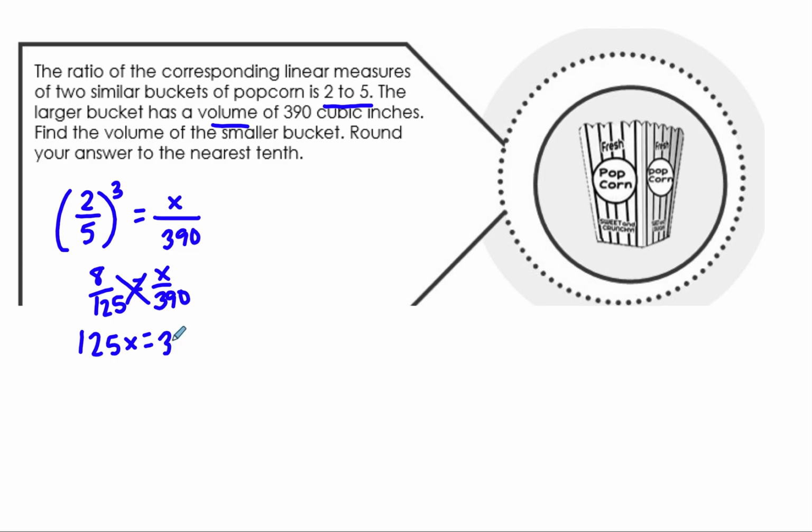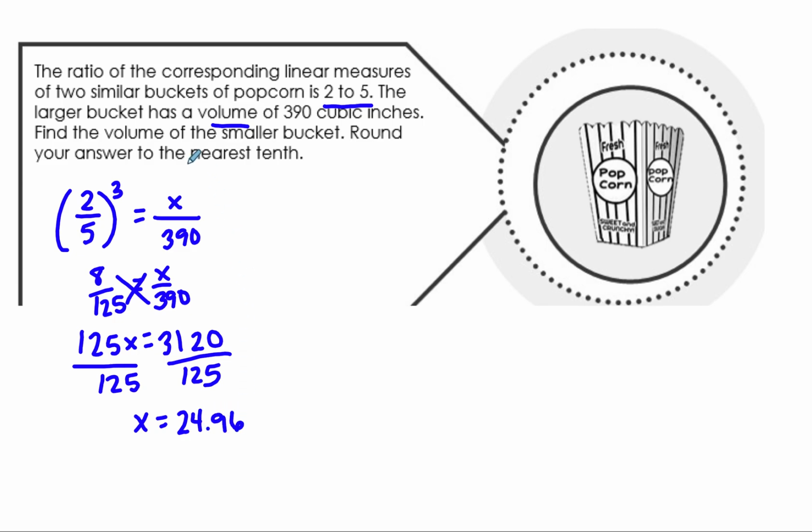I get 3,120. Then I need to divide by 125. And let's see, when I do 3,120 divided by 125, I get 24.96.